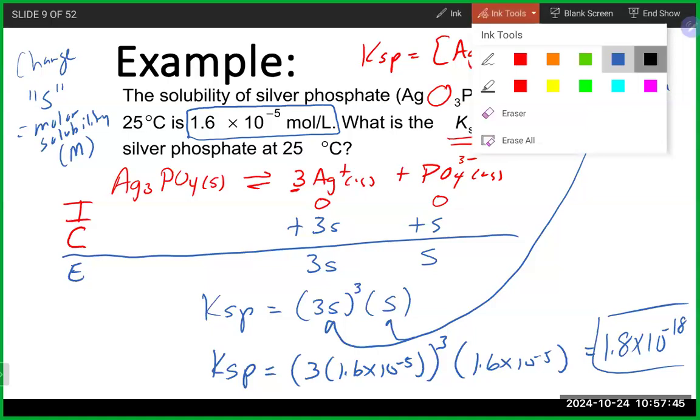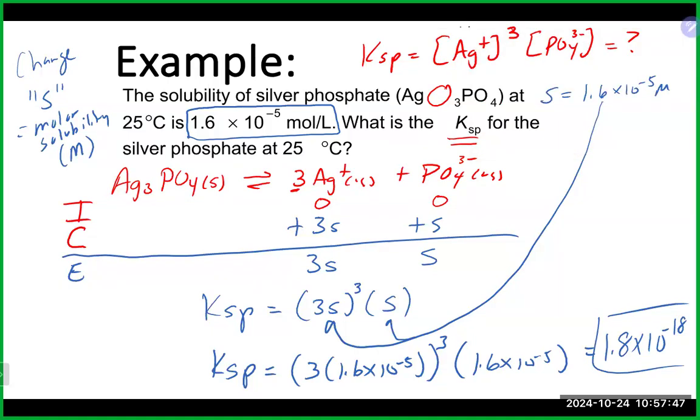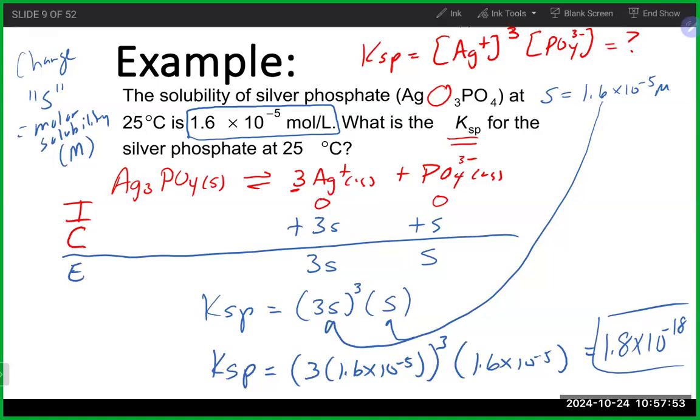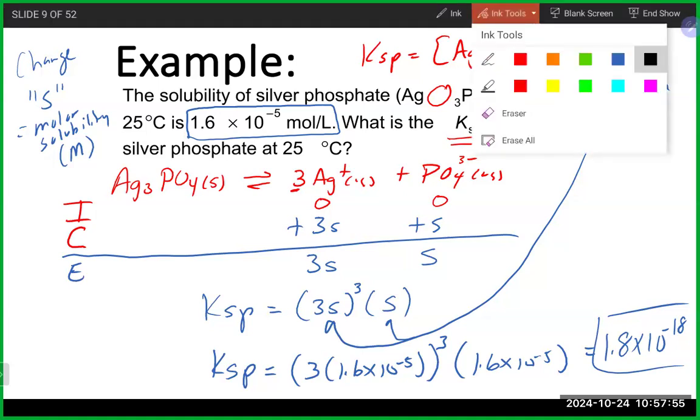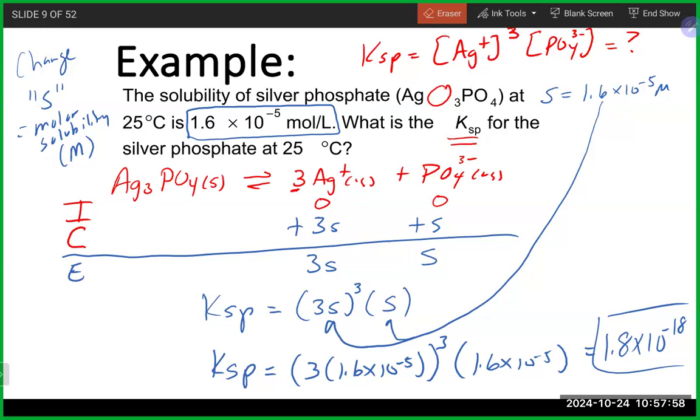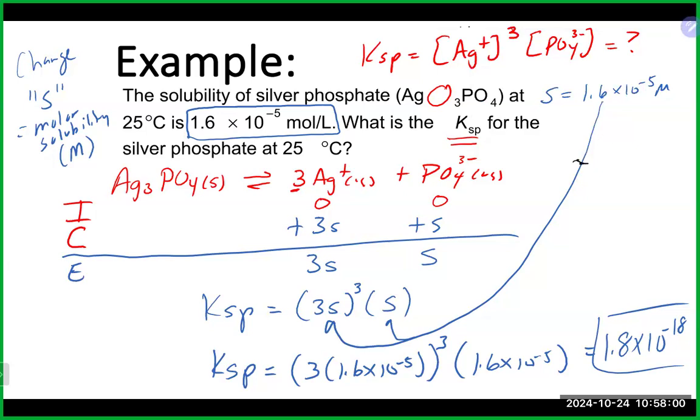You could have just find a place to write, I suppose. Get rid of that big arrow. Maybe let me get rid of that. All right, we'll go here.